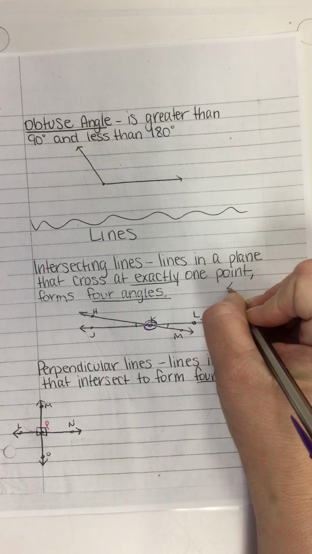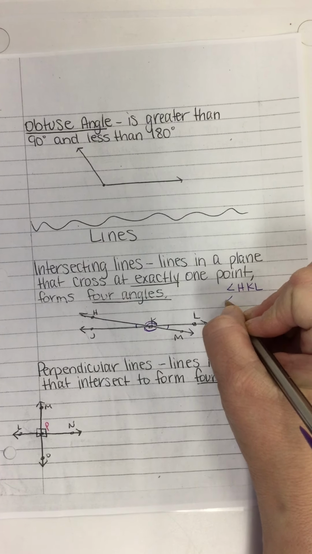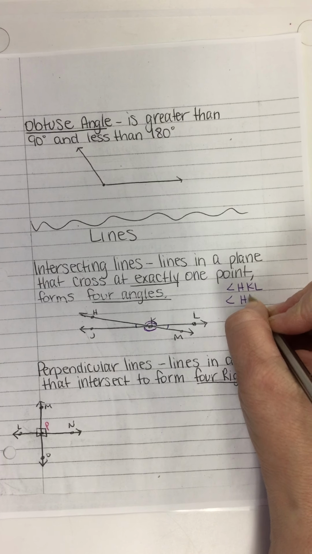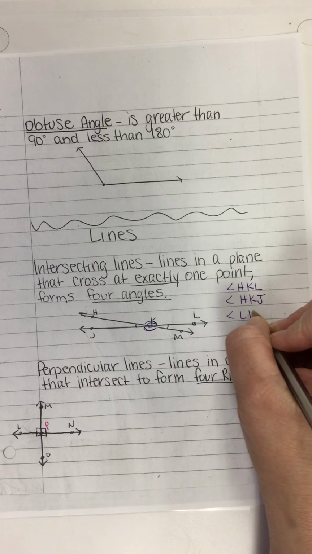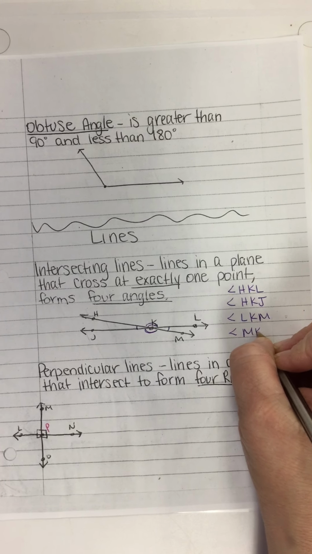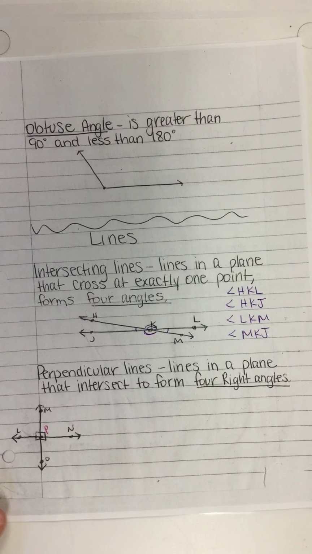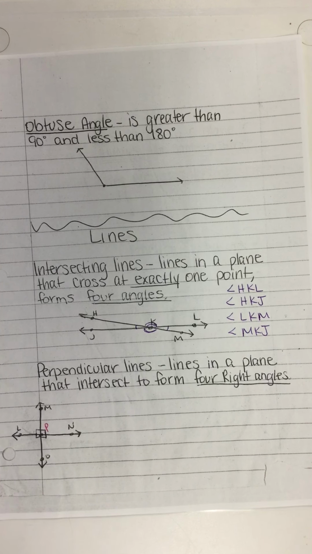So I have angle HKL, angle HKJ, angle LKM, and angle MKJ. There's my four angles. And then, of course, you have your straight angles, but those aren't listed as part of your four angles. HKM is a straight angle, and JKL is a straight angle.